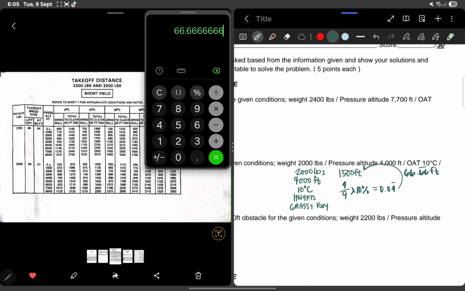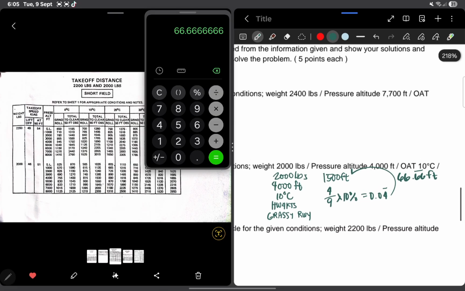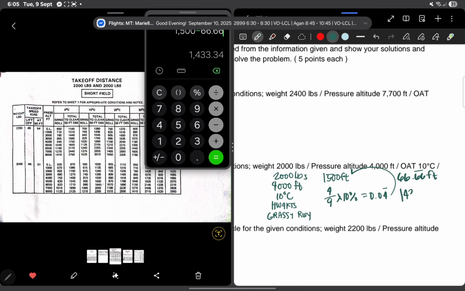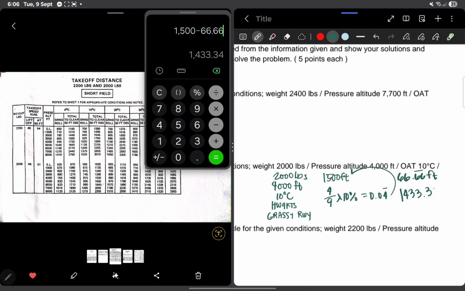Now that we have this value, what we need to do is subtract 1,500 feet by 66.66 feet, and our value will be 1,433.33. Since it's continuing, let's just say 3 feet, because if the number kept going on, it will still be 3, not 4.